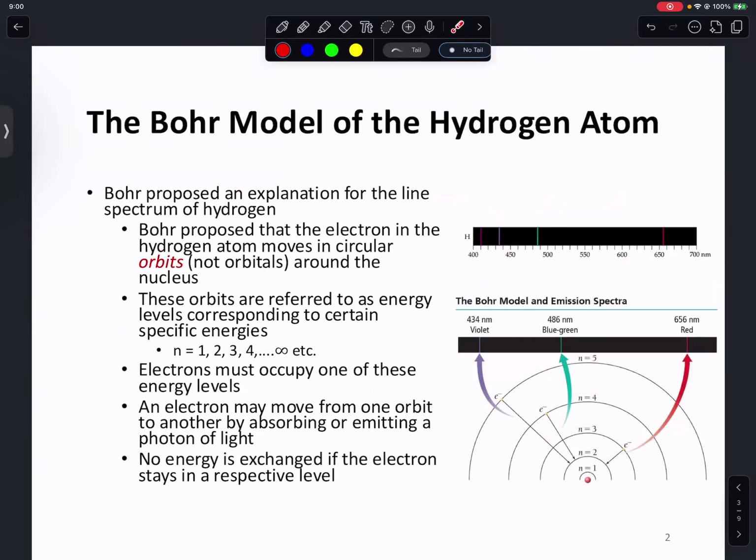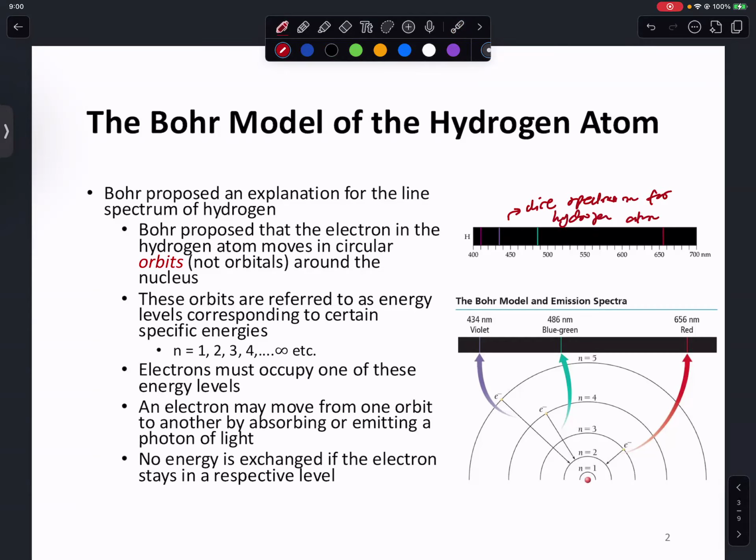So the Bohr model is specifically designed for the hydrogen atom, it is built off of the hydrogen atom. And Bohr proposed an explanation for the line spectrum. So this is the line spectrum for the hydrogen atom.